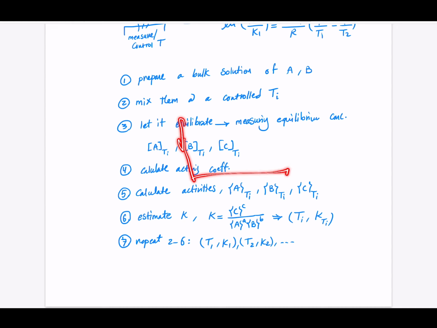Monitor the concentration as a function of time. And then if it gets to something like this, for example, then you make sure it's equilibrium. Or sometimes visually you can see it if you're lucky and the solution is colorful, and then you know that the color is not changing.